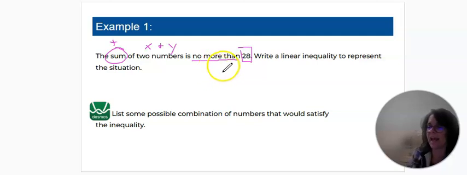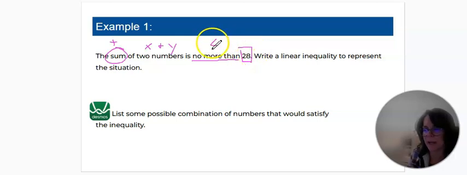All right, so if it can't be more than 28, it must be less than 28. But can it be equal to 28? Well, let's think about it. No more than 28. Sure, it can't be 29, but it could be exactly 28. So we're going to use less than or equal to.